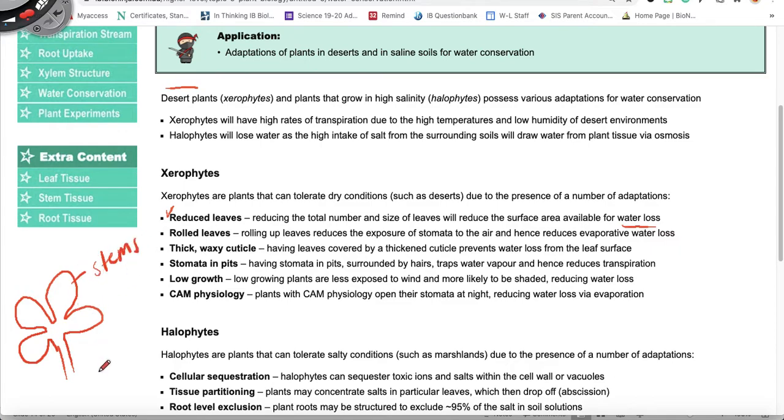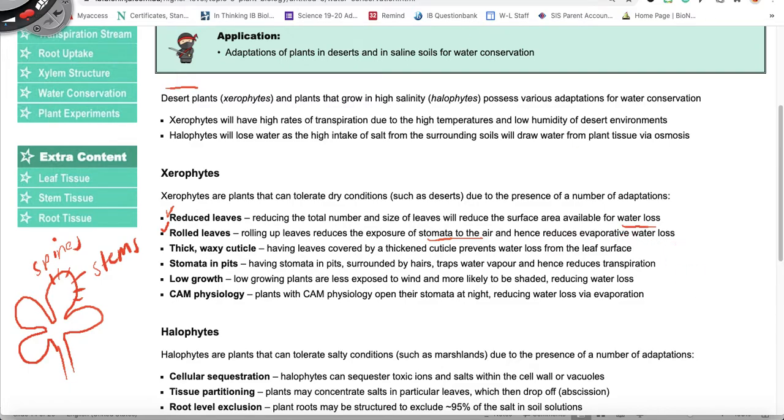A cactus doesn't have leaves, but it has these modified stems where water can be stored, and then it has spines instead of leaves as well. Sometimes xerophytes have rolled up leaves, and rolled up leaves reduce the exposure of the stomata to the air and hence reduce the evaporative loss.